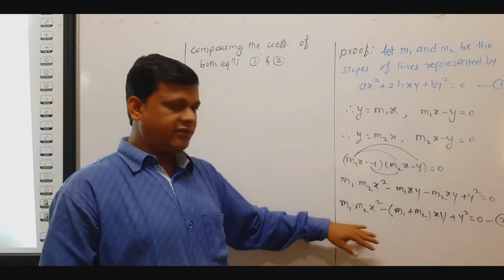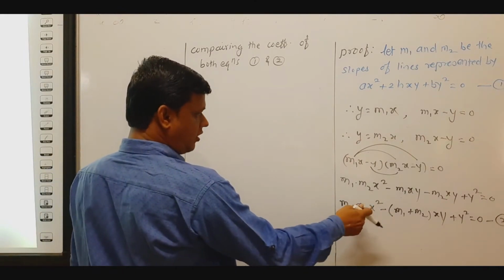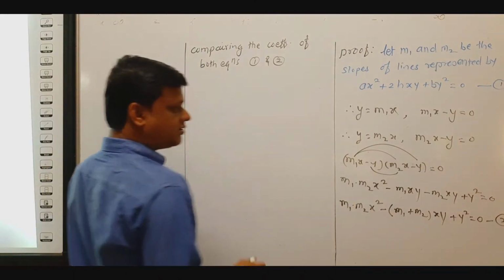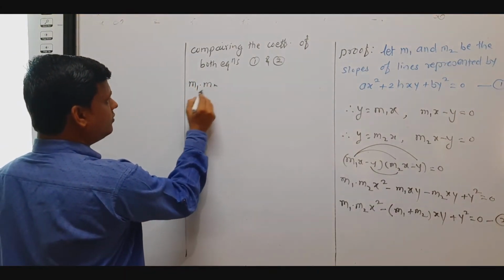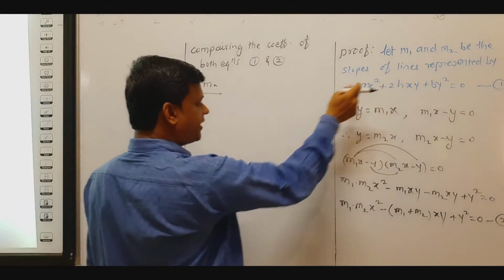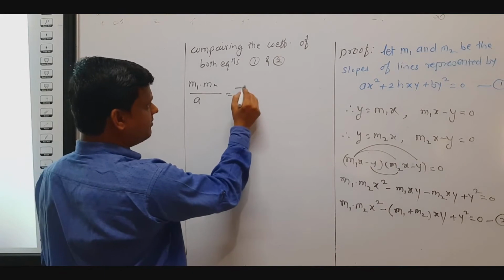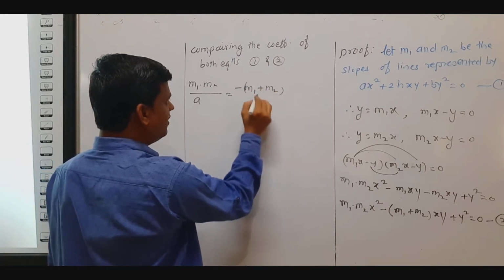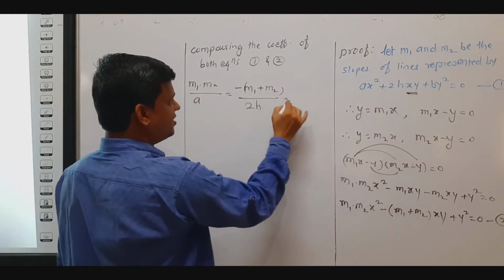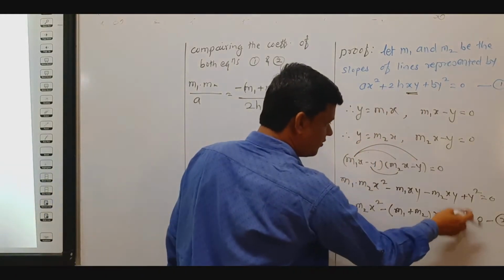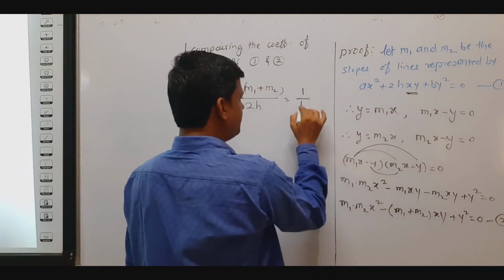So see the coefficient of x square in the first equation and the coefficient of x square in the second equation. If we consider the second equation first, we write the ratios of coefficients as m1 m2 upon a, minus (m1 plus m2) upon 2h, equals to 1 upon b.